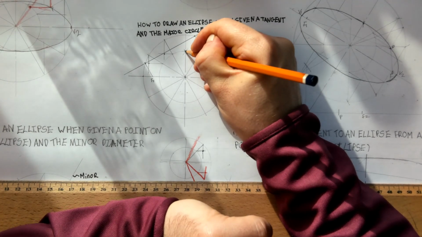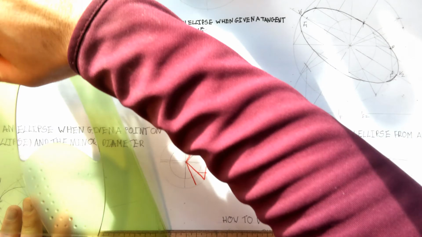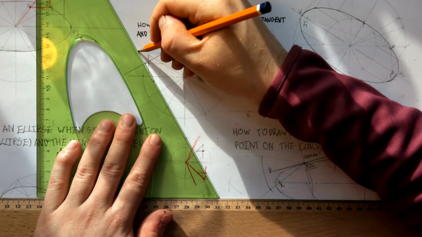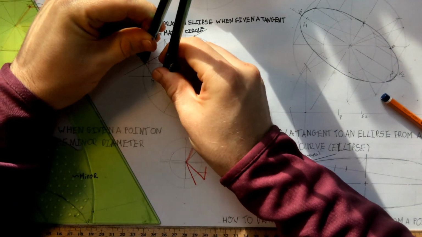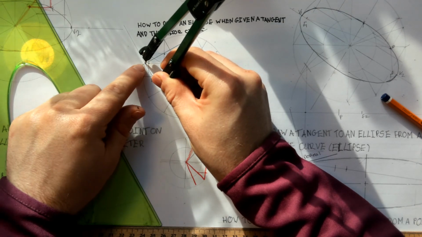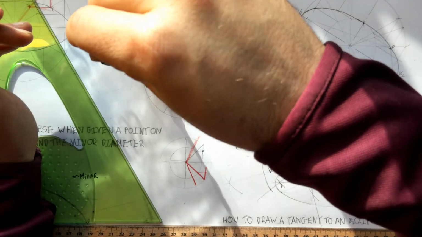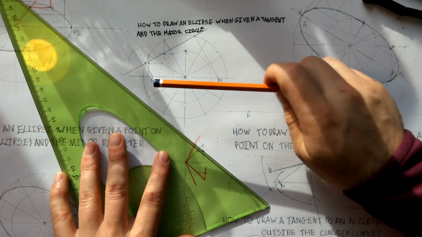And if you're asked to find, well, you wouldn't be asked, you have to find the point of contact between the tangent and the ellipse. Extend this line on. Take your compass. Put it there where the tangent intersects the major circle. Swing F1 up, because it's the same as the method down at the bottom right.